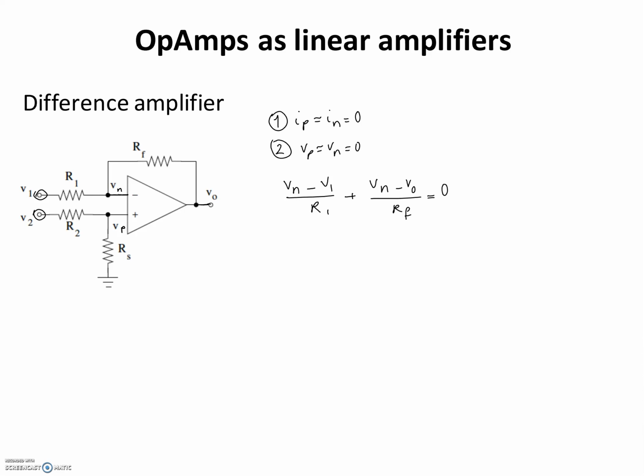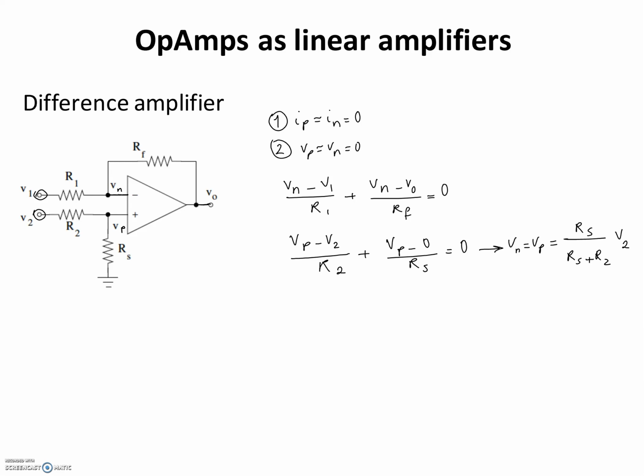Then at node P, (Vp minus V2) divided by R2 plus (Vp minus 0) divided by Rs equals 0. Now, because Vp and Vn are equal to each other, I have from here Vn equals Vp, and that's equal to Rs divided by (Rs plus R2) times V2.